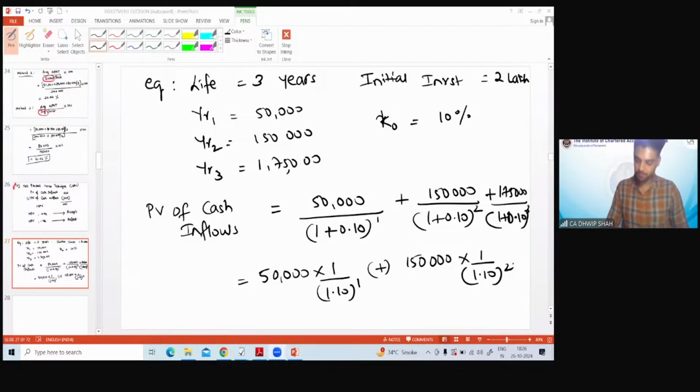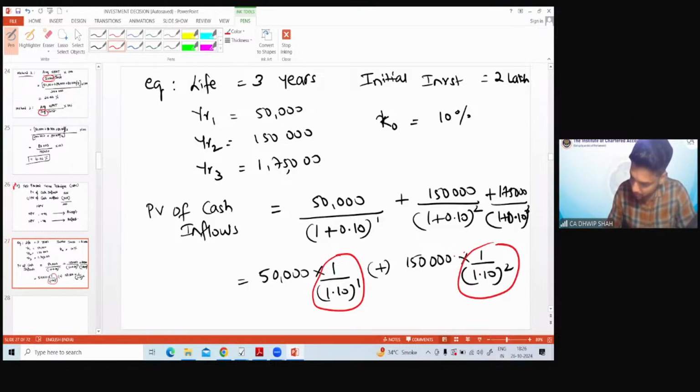Normal mathematics. Now, take your calculator and calculate 1 divided by 1.1 raised to 1. What did you get? 1 divided by 1.1 is 0.909, everyone. So this 0.909 is technically called the discounting factor, and this is nothing but cash inflows.